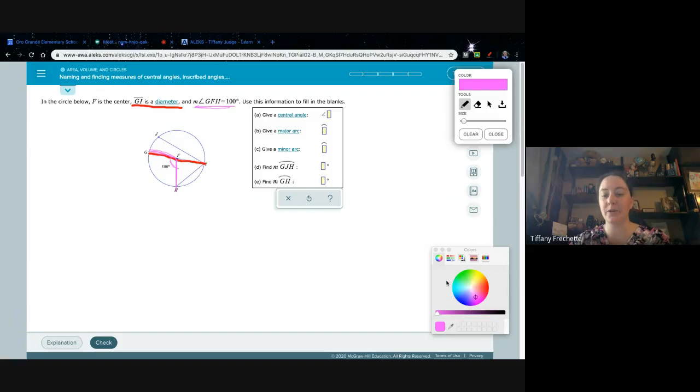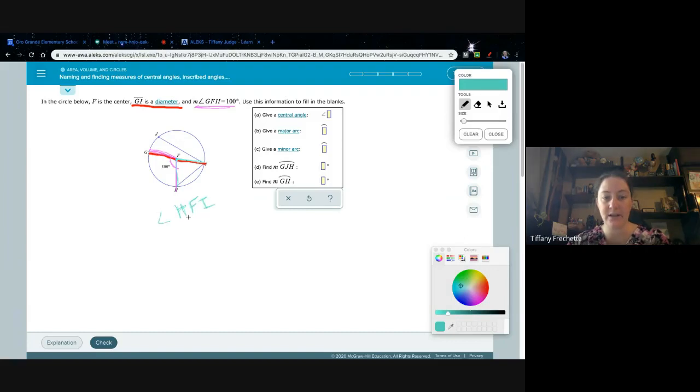So we're going to go through and find some of the other pieces that we need here. So give a central angle. Remember, central angle means it's coming from the center. So I need to go from the center point, and I need an angle that goes straight out to the end. So I can do this one here, which is HFI, and I apologize, I know that's really light and hard to read. Let me darken that up a little bit. HFI.